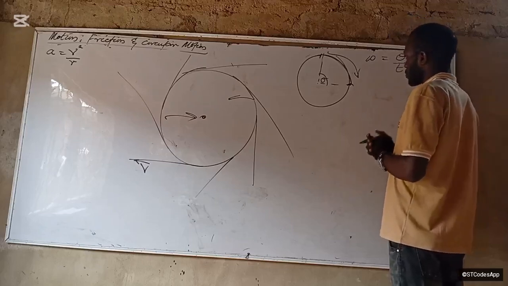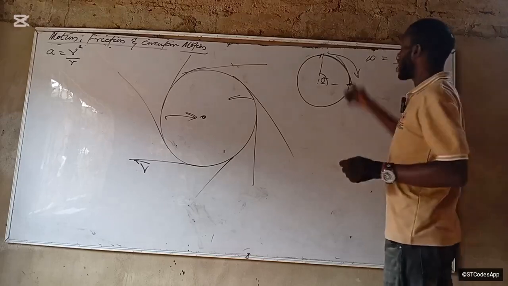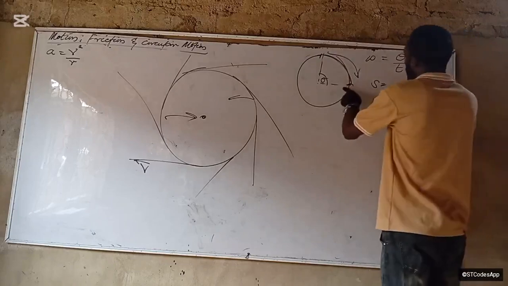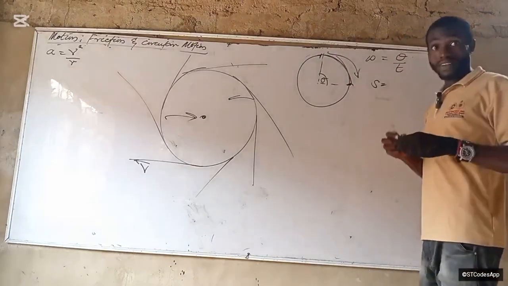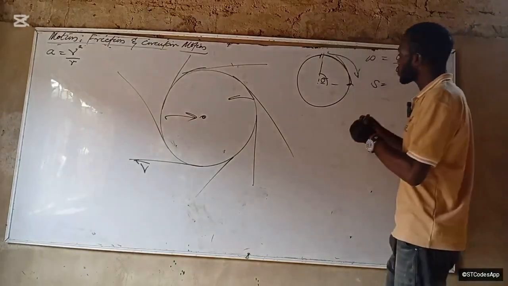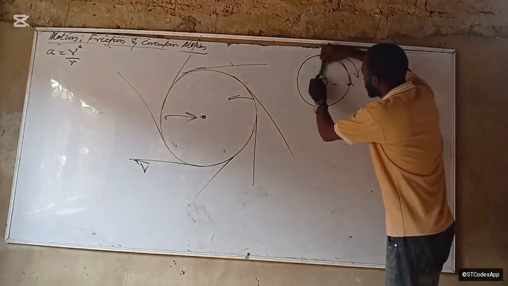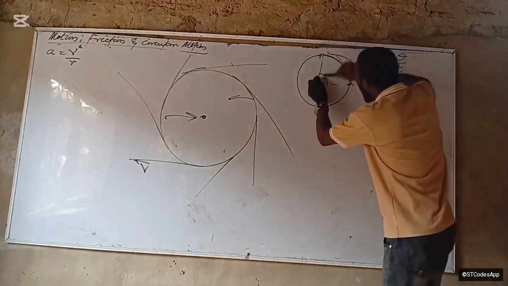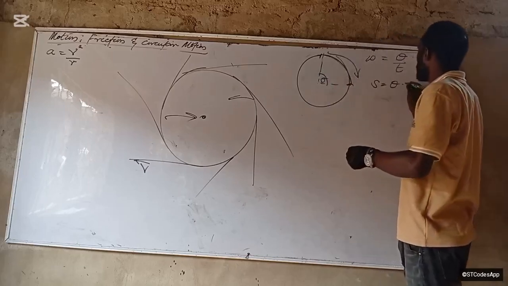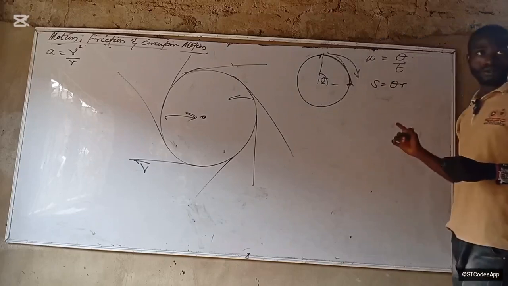I wanted to also say that the angular distance is given by the product of this radius. Listen, it's very simple. The angular distance, this distance in angle, is going to be the product of this radius, the radius swept through this entire angle. So it's going to be theta times r. Does this make sense to you too?